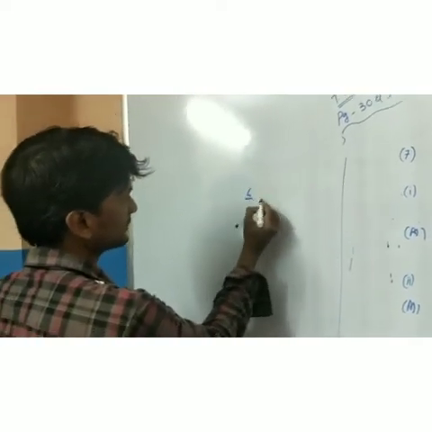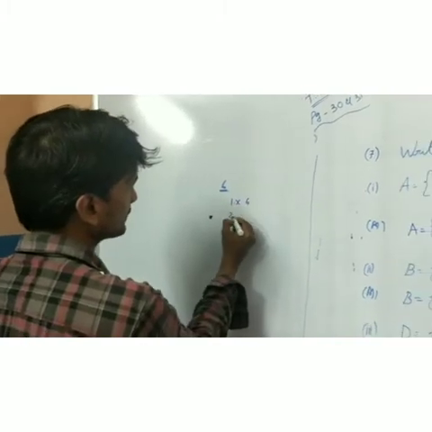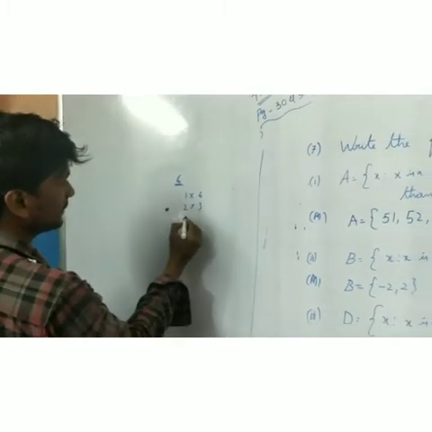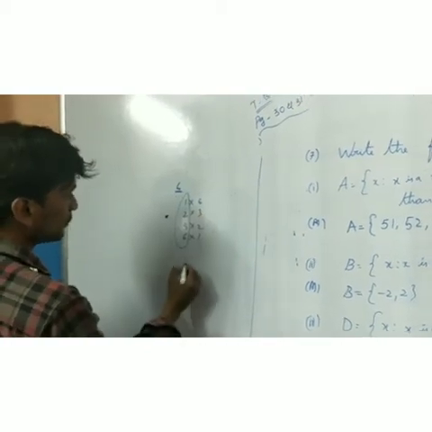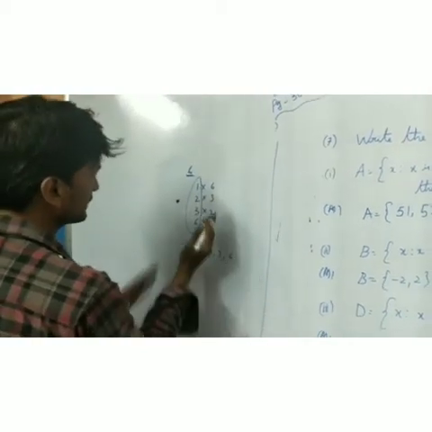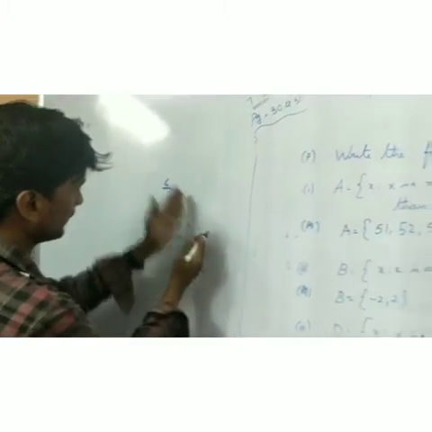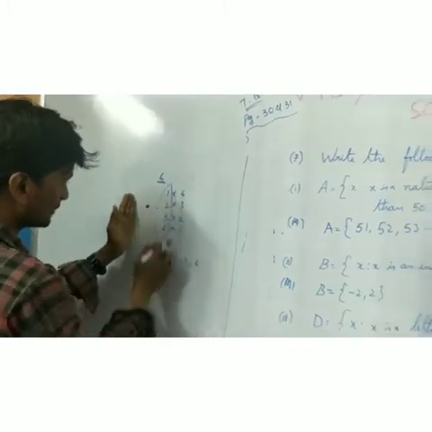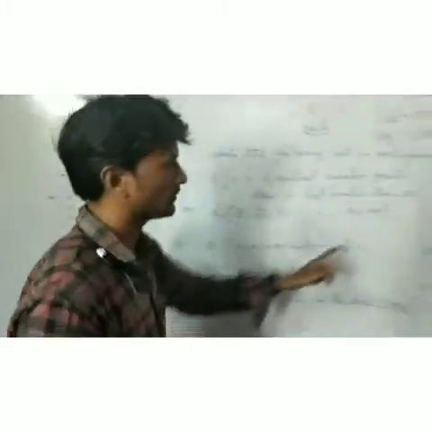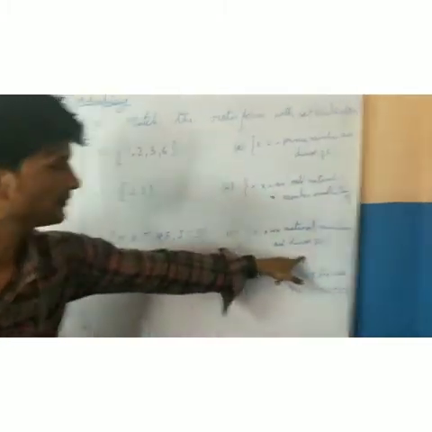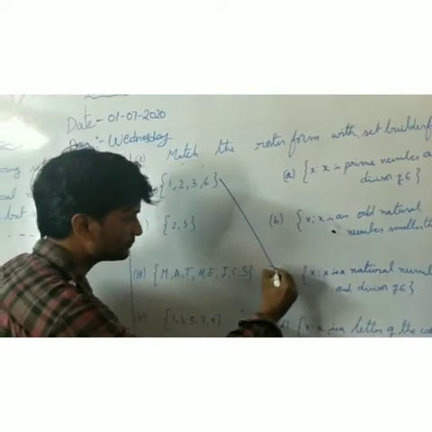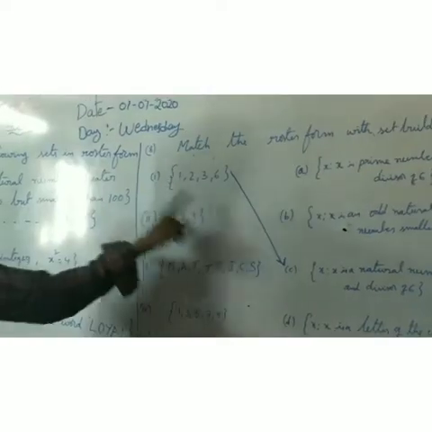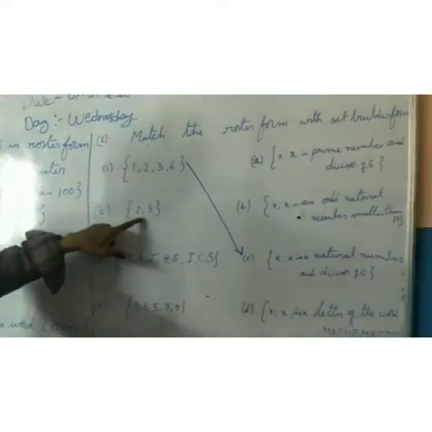The factors of 6 are 1 into 6, 2 into 3, 3 into 2, 6 into 1. So 1, 2, 3, 6. Left side or right side anyway. So it's suitable for C. The divisor means factors. So first one, C, suitable.